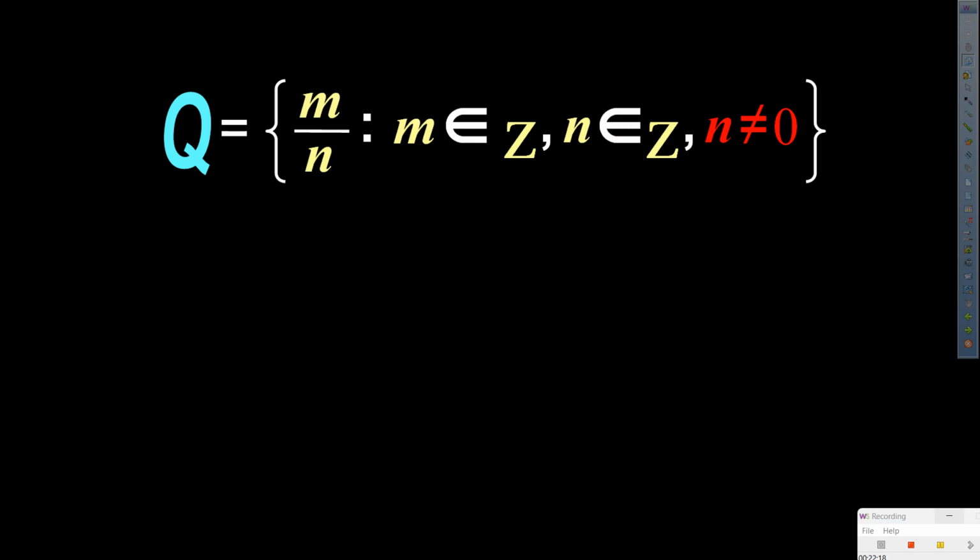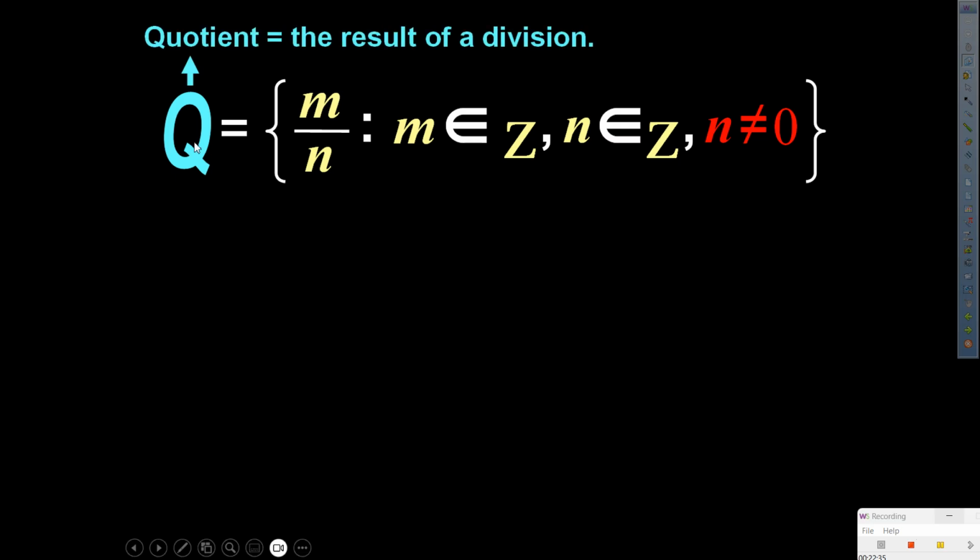No, it stands for the answer of a division. What is the answer of a division? It is called a quotient. Now, why is it called a quotient? Well, because fractions are division. Does that make sense?